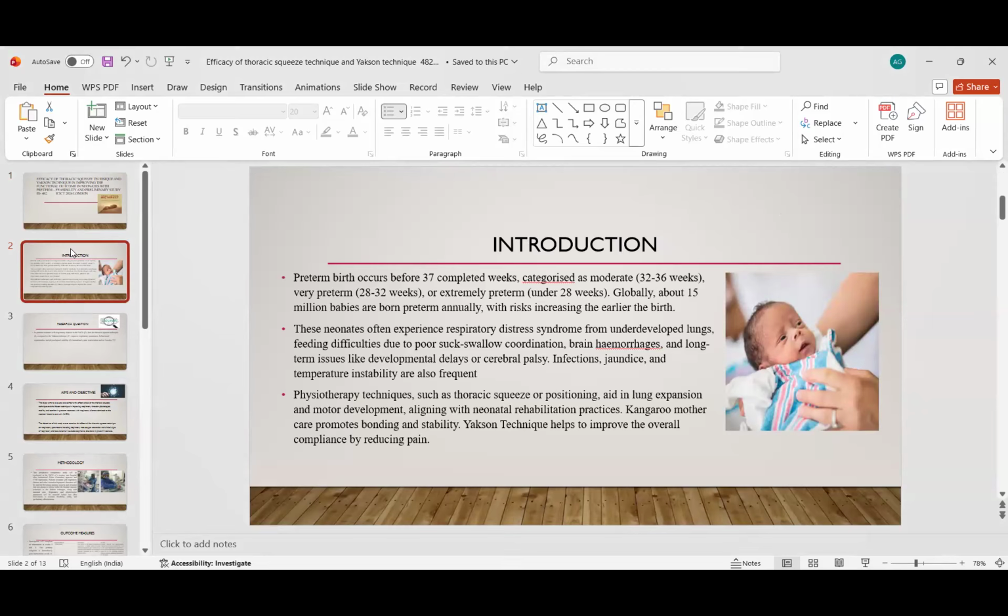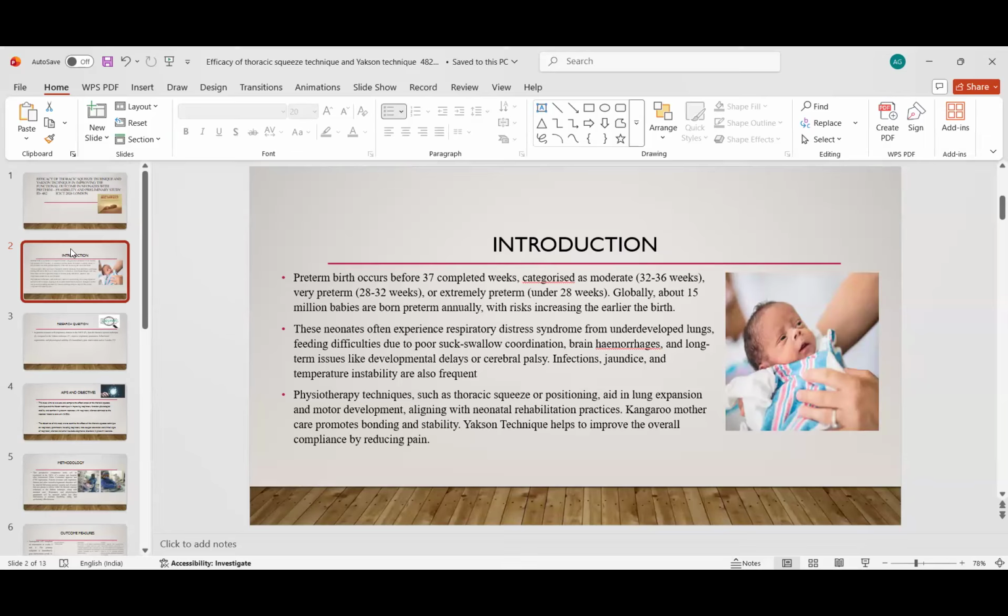For example, foremost is neonatal respiratory distress syndrome, which is very common, and from there it can lead to bronchopulmonary dysplasia, which is staged by Sarnat and Sarnat staging. Then there are other issues like poor suck-swallow coordination, brain hemorrhages, and long-term issues like developmental delays, cerebral palsy, infections, jaundice, and temperature instability, which is very frequent.